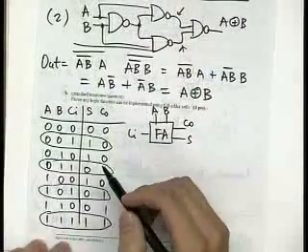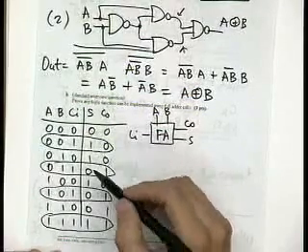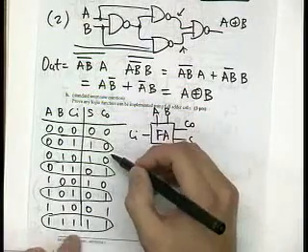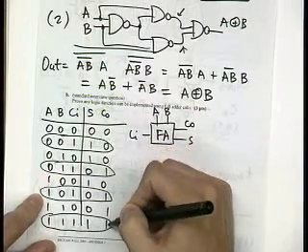So let's see what the sum and carry out bits are in this case. You observe that the sum bit is equal to who knows what. Carry out bit is equal to, for example, A or B, right?